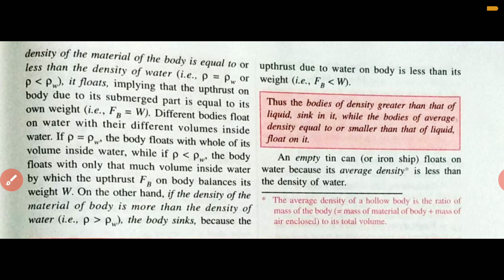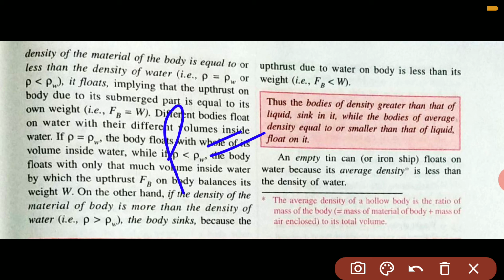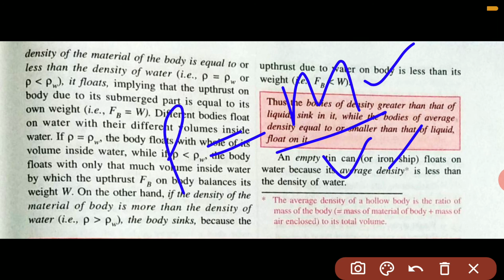As you all know, the density formula is mass over volume. Here, mass should be calculated for both the solid part and the hollow part, which contains air, and the total volume. So that kind of density where two materials are involved is known as average density. Okay, I hope you have understood this portion.